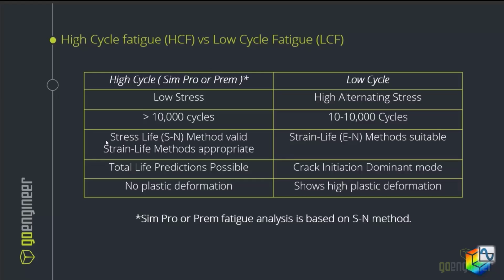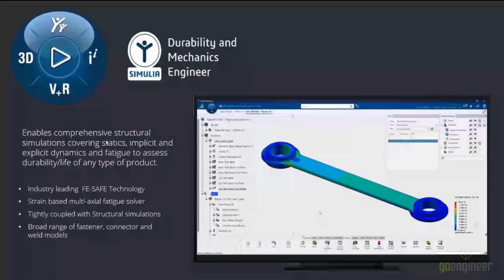Now, if you need a low cycle fatigue analysis application, then we recommend a role on the 3D Experience platform called Durability Mechanics Engineer. This role enables comprehensive structural simulation covering statics, implicit and explicit dynamics, and low and high cycle fatigue analysis to assess structural integrity of any type of product.